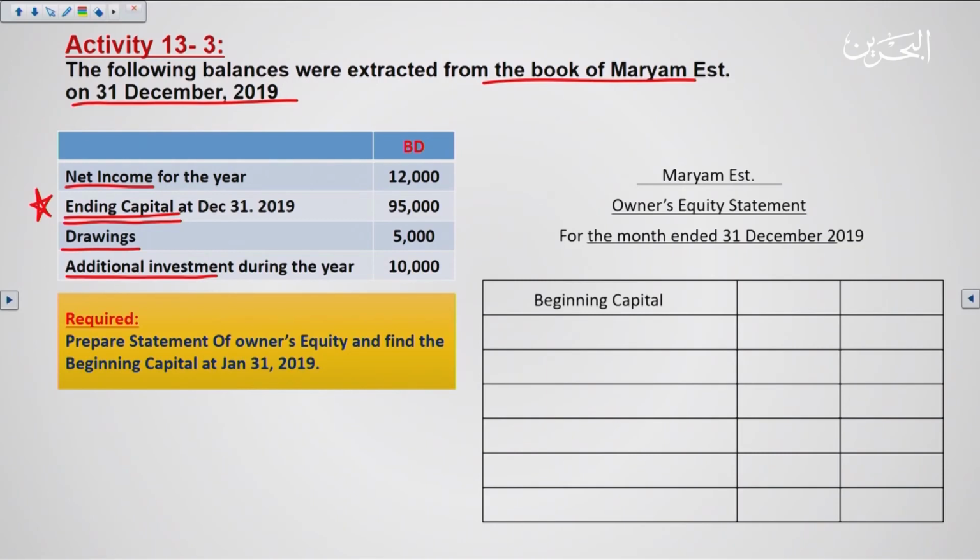First, I will start with the beginning capital, but unfortunately, I don't have this amount, so I will come back later to see how I will calculate it. Then I will add the additional investment, which is 10,000 BD, the net income, 12,000 BD, and I need now to add the subtotal of these three figures, but unfortunately I can't find it because of this missing amount.